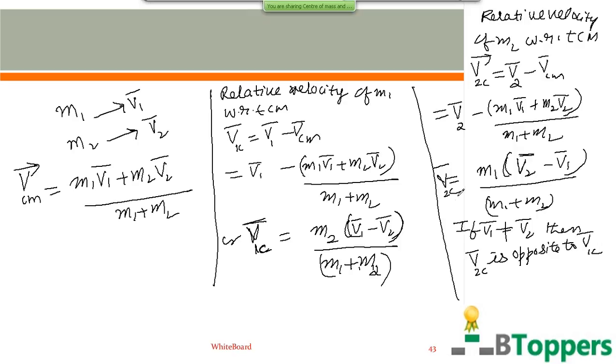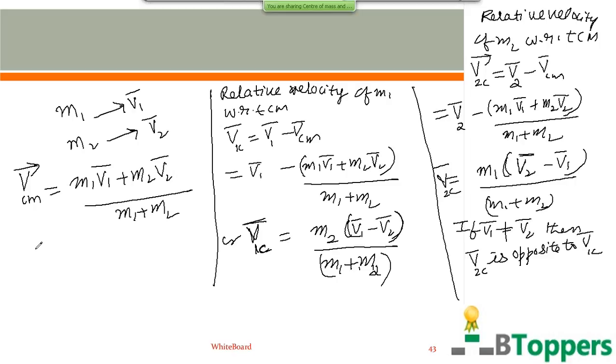So the direction of the relative velocity of m2 with respect to the center of mass will be opposite to the direction of velocity of m1 with respect to center of mass. That means if two point masses m1 and m2 are moving with unequal velocities with respect to a stationary observer on the earth, or with respect to the laboratory frame of reference, then with respect to the center of mass frame, the two particles appear to move in opposite directions.